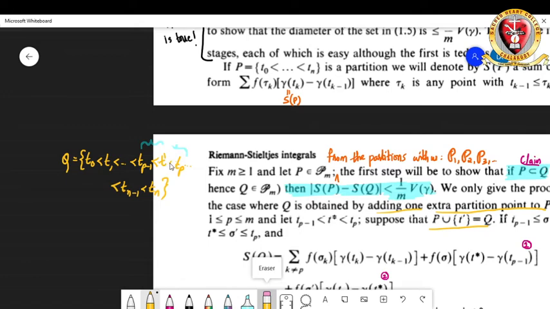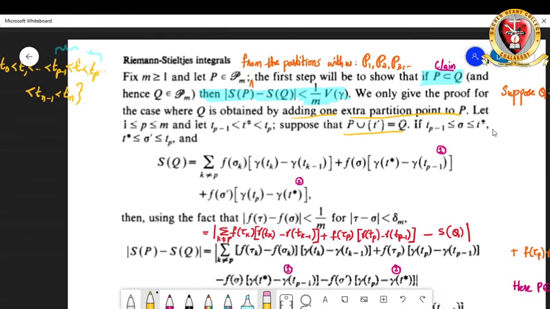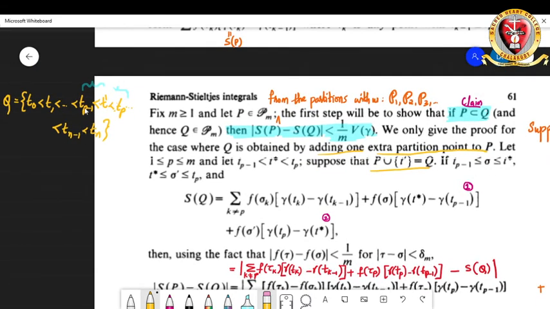We are calling it T dash. This T dash is the extra partition point of Q. Definitely the partition P is contained inside Q. That is very obvious. Now we have two extra subintervals coming here: the closed interval TP minus 1 to T dash, call it T star, and the closed interval T star to TP. In those subintervals, we are going to select a sigma and sigma dash.